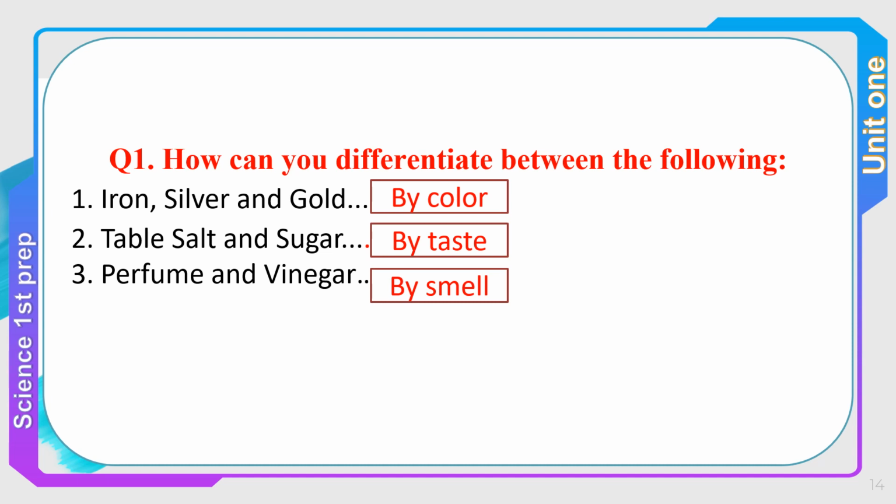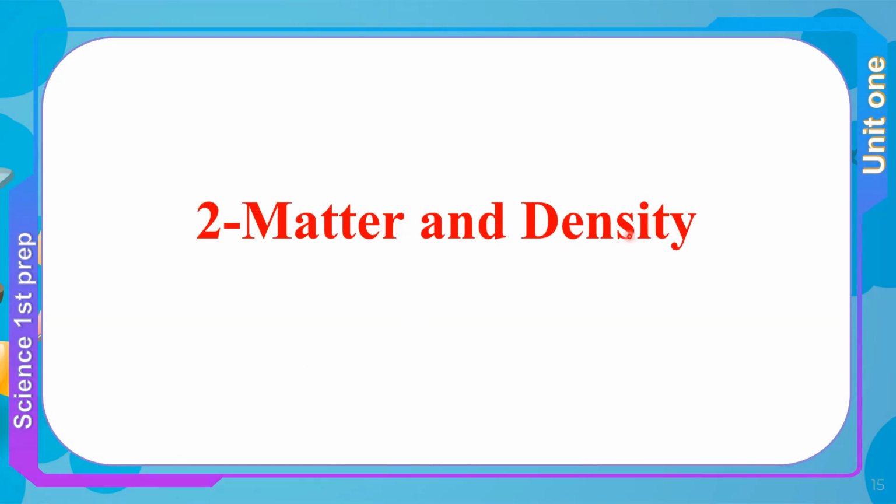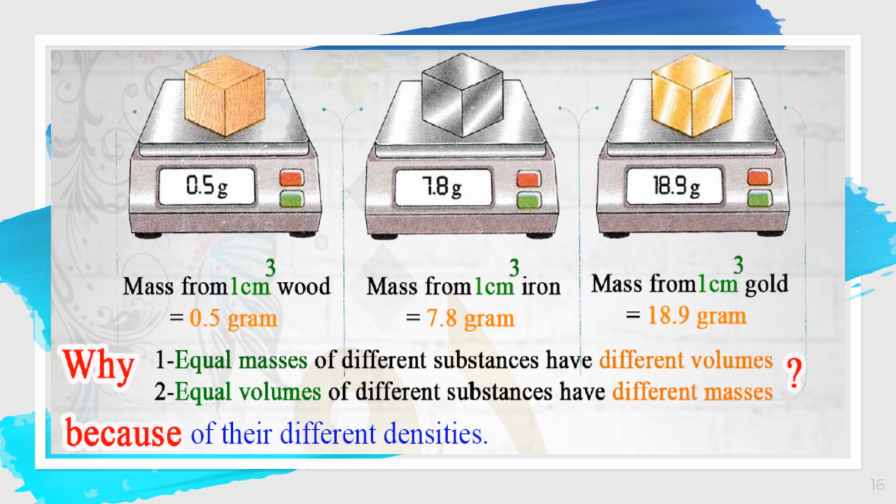Okay, the next: matter and density. Property number 2 was the physical properties of matter. Do you remember? Don't forget. Now I want to learn about density.